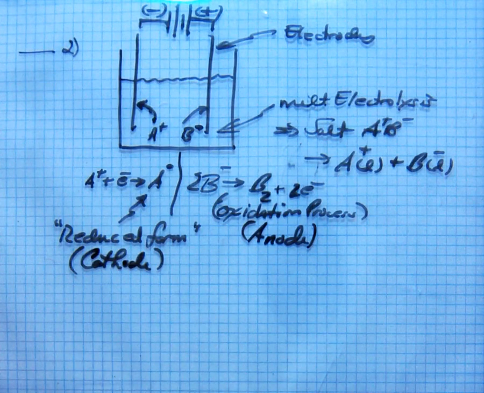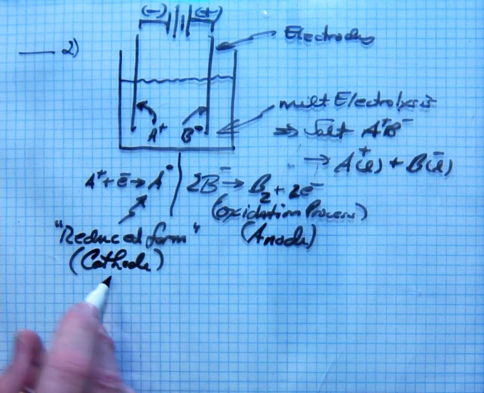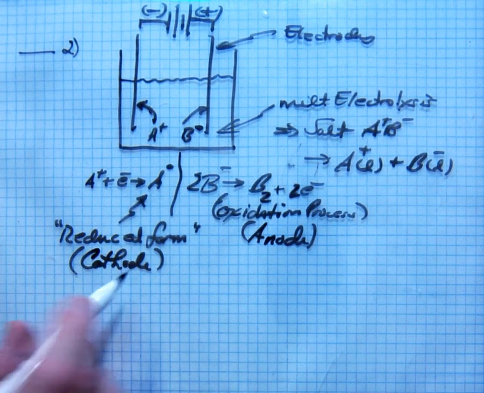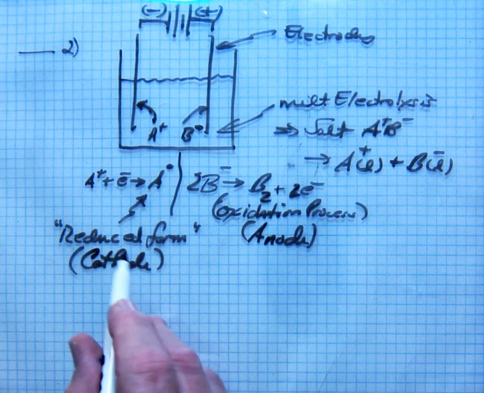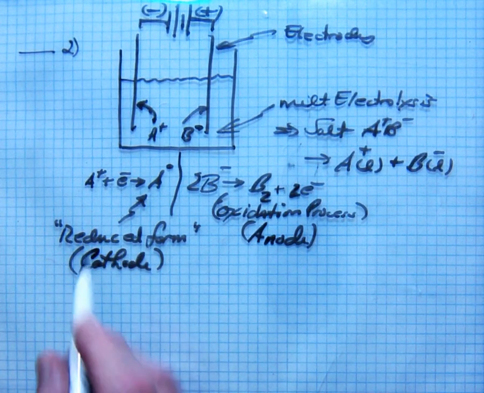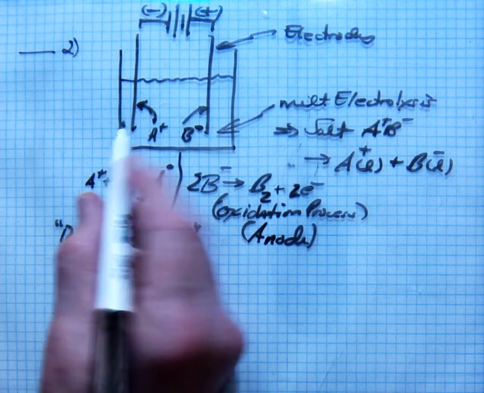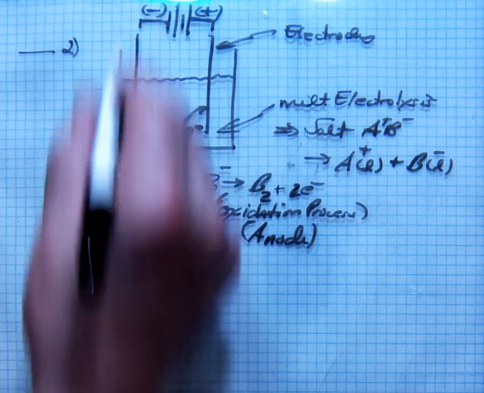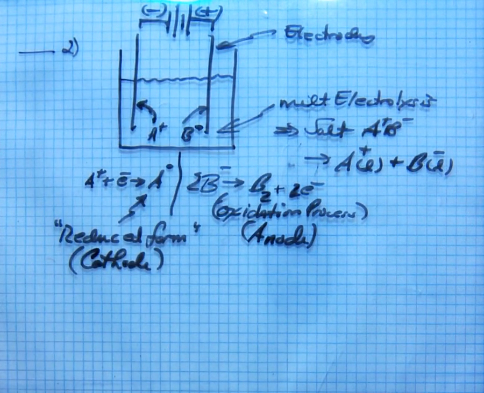So the terminology is based upon the chemistry, not the charge on the electrode. I'll say that again. The terminology of cathode is based upon the chemistry. In the galvanic work, you'll find out the electrode, while negative in electrolysis, will be positive in the galvanic.